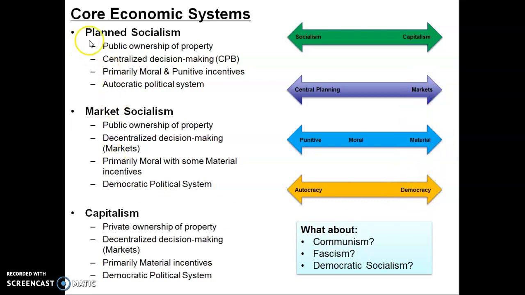Okay? So you can think of this as kind of one extreme, and this as the other extreme, and this a little bit of both. But it's really not that clear when we get into the details later on, but for now, that's a good way to start off. The thing to keep in mind, though, is that we do have real-world examples of planned socialism, the Soviet Union being the most visceral in terms of its effects.